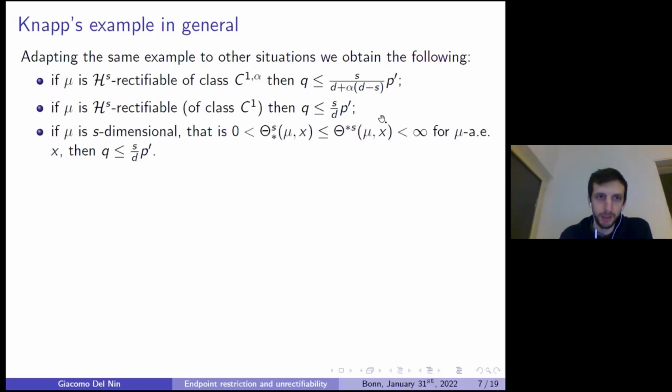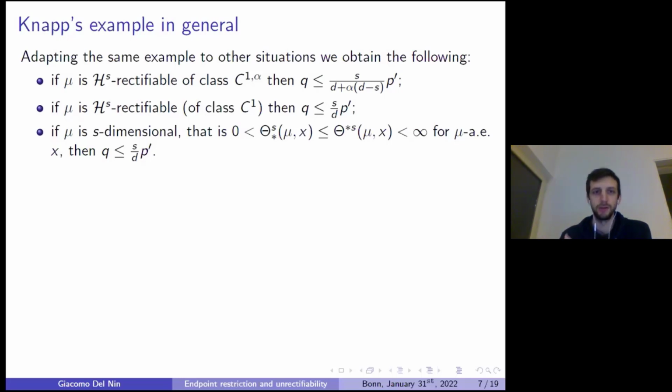And in general, if we impose that mu is S-dimensional, so no restriction on the geometry, so we only ask that the densities are positive and finite, then we obtain exactly the same condition as for rectifiability.